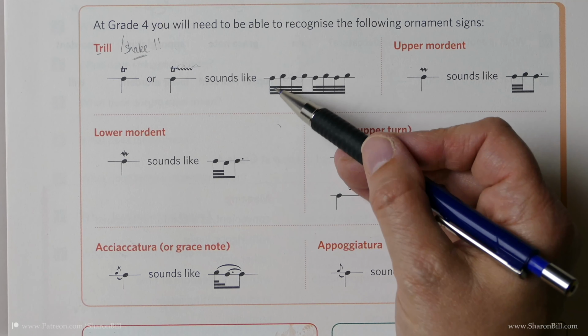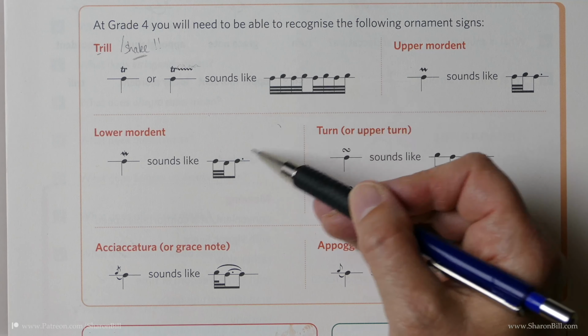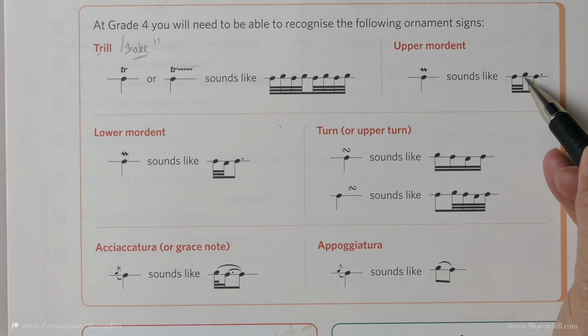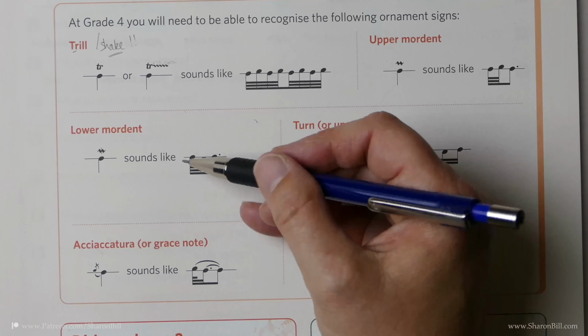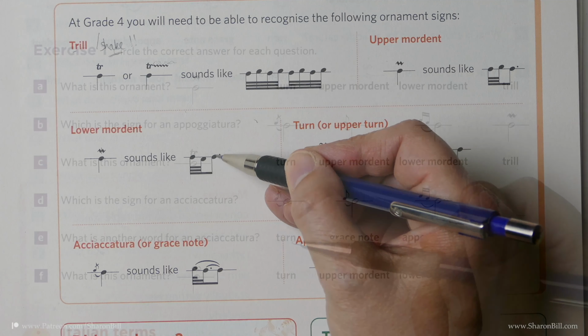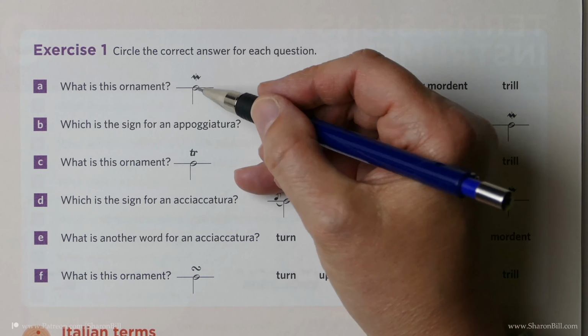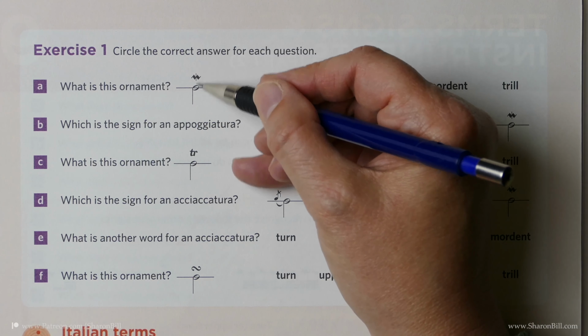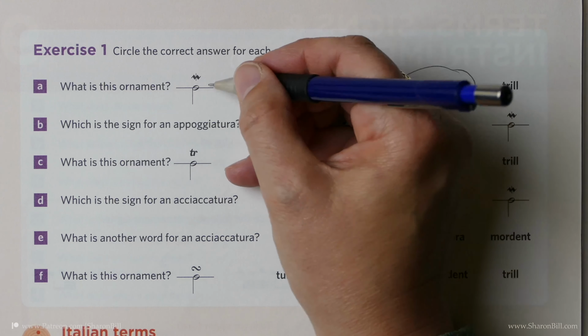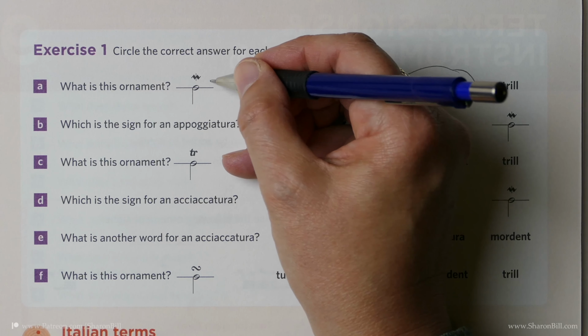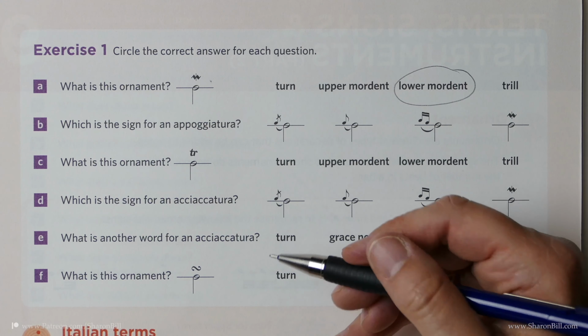So a trill, we alternate upwards, the upper mordant we alternate upwards and back, and then we're done. Whereas the lower mordant is a quick blip down and back again. So this ornament, it's the mordant, but it's actually the inverted one. It's the lower mordant. That's the thing to watch out for. That's the Bach toccata super duper demonstration.